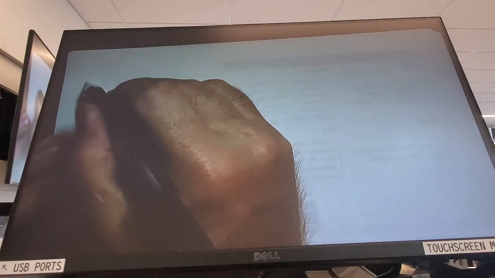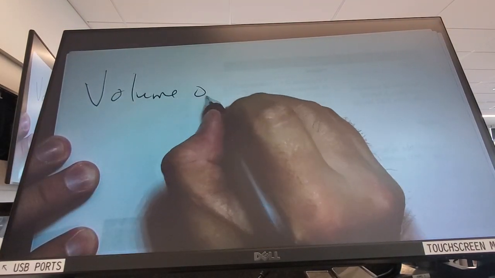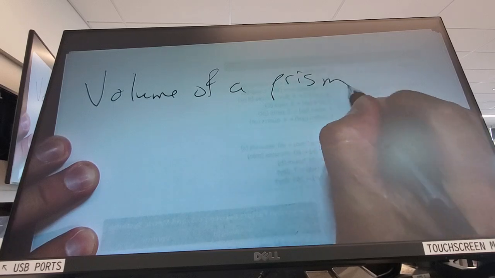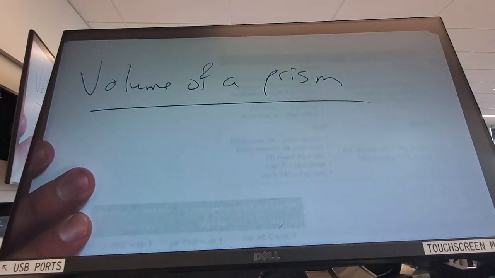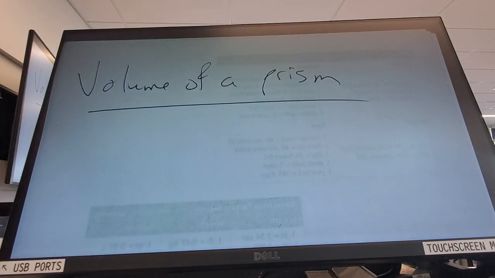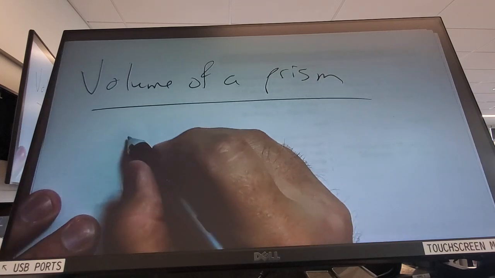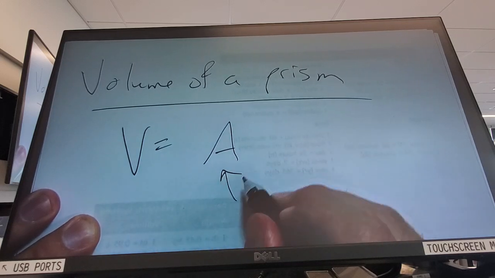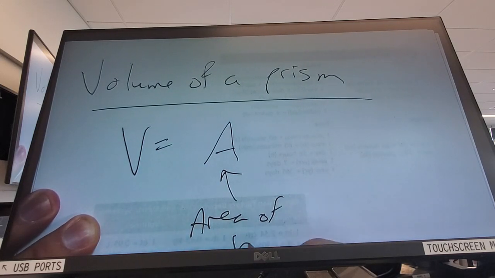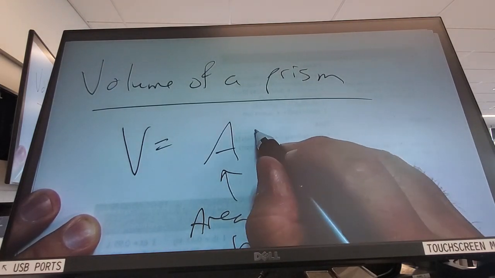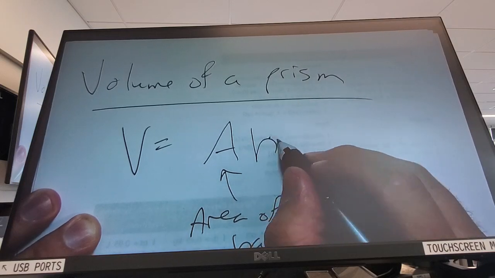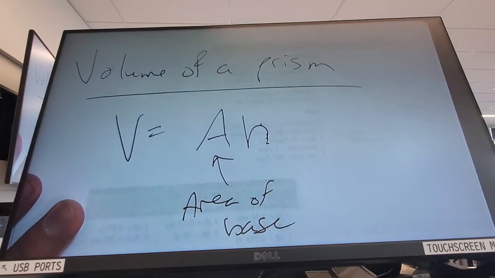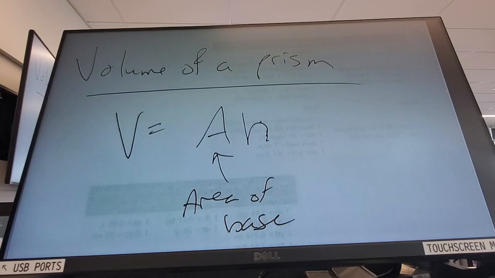All right. So real quick, just volume of a prism. Any prism, even ones the book doesn't consider a prism, so cylinders. The volume is going to be the area of the base times H. And I really want to come up with a better thing to put here than H, but, and again, you all saw this.